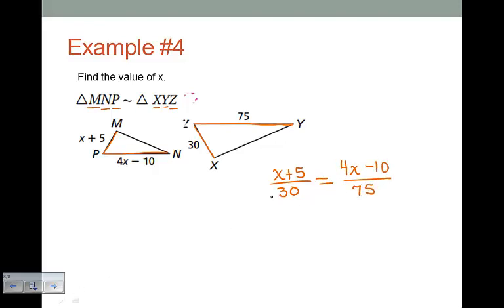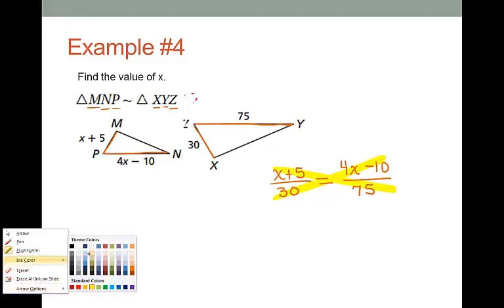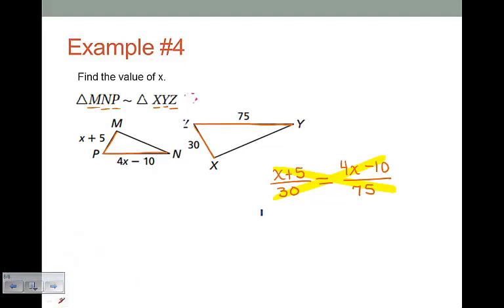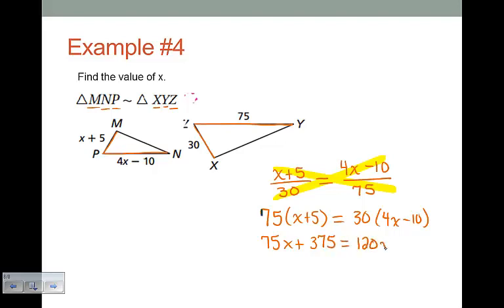So that's equal to PN to ZY. And now, to solve our proportion again, we're going to cross multiply. We end up with 75 times x plus 5 is equal to 30 times 4x minus 10. That gives us 75x plus 75 times 5, which equals 375, equals 120x minus 300.